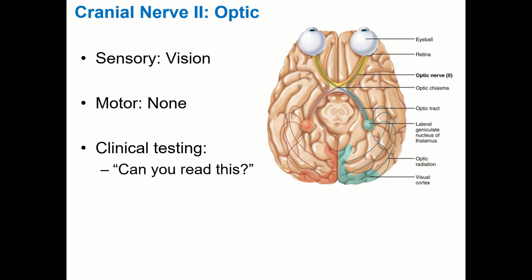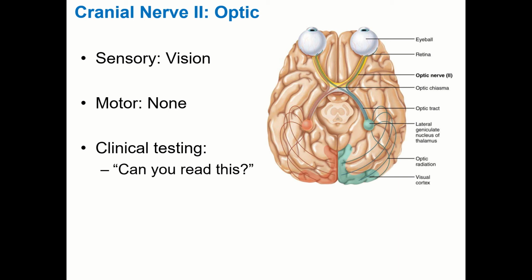In terms of clinical testing, the standard way to test this is asking the athlete, or asking the individual, if they can read something. So you give them like a medicine packet or something like that, and ask them to read the instructions, or something fairly straightforward, just to make sure that their vision is still functioning correctly.